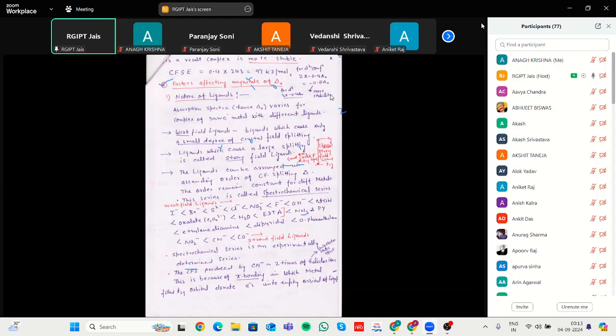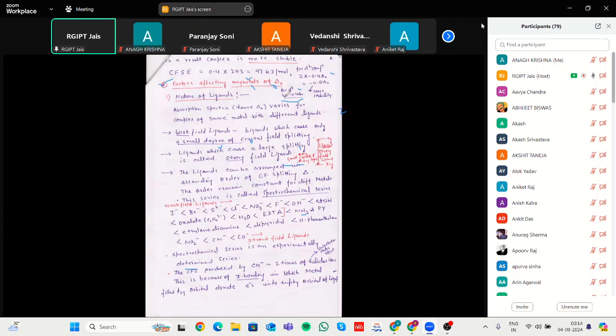That's why in case of a d3 complex, 3 into minus 0.4, that is minus 1.2 del O. In d3, there are a total of 3 electrons, as in vanadium or chromium.